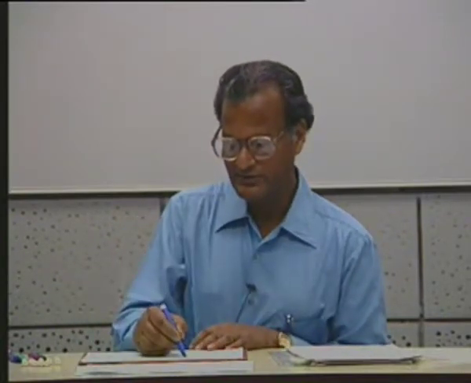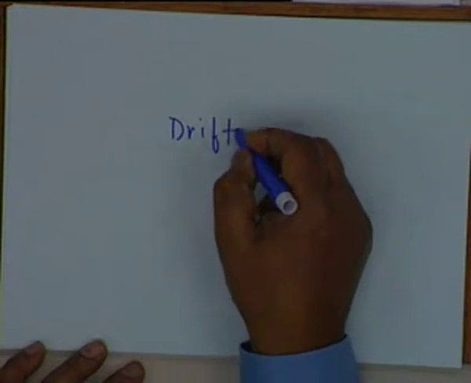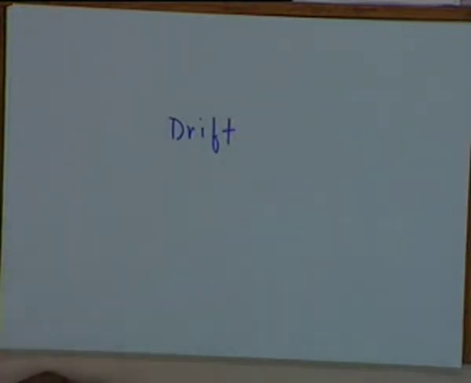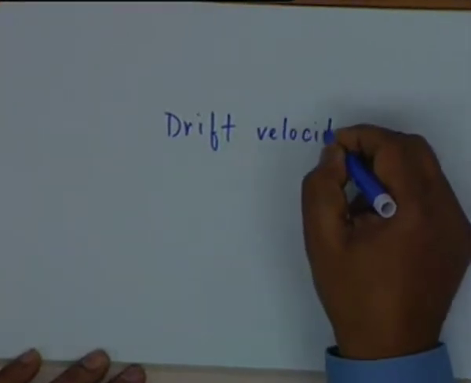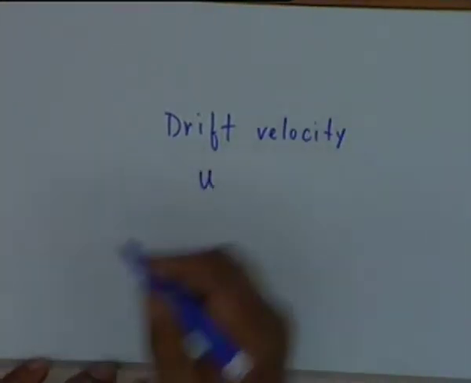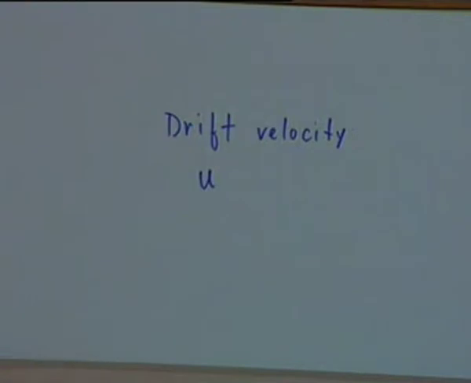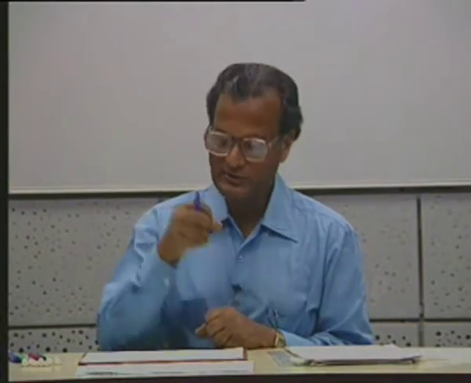That is, the electron drifts in the direction opposite to that of the electric field, and what it achieves is a drift velocity u in the direction opposite to that of the electric field. Why doesn't it get an acceleration? It does. In between collisions, it does get accelerated, so it accumulates kinetic energy, but it loses all its energy after an inelastic collision.